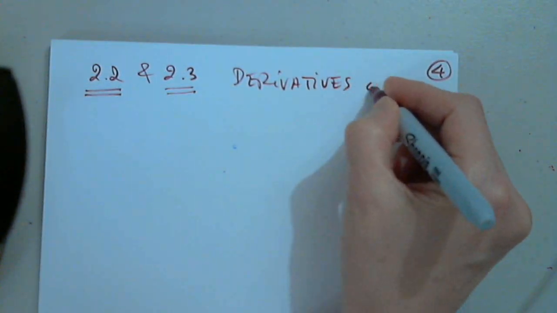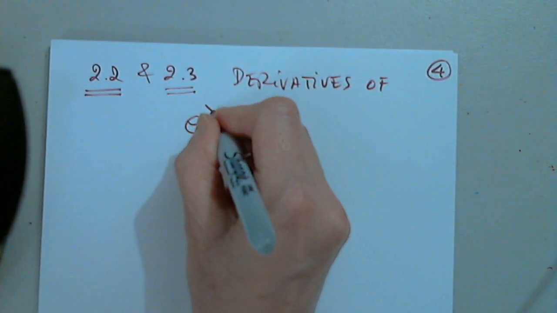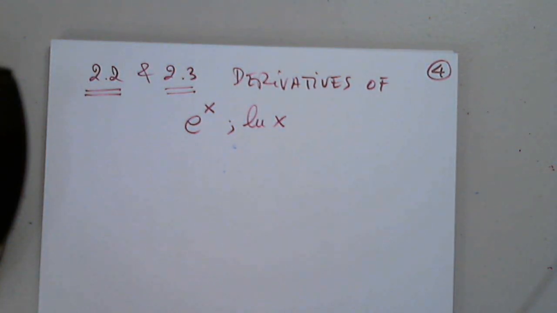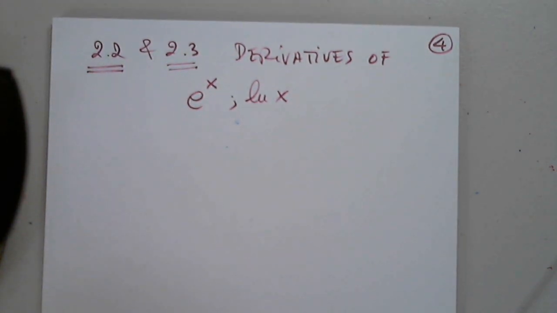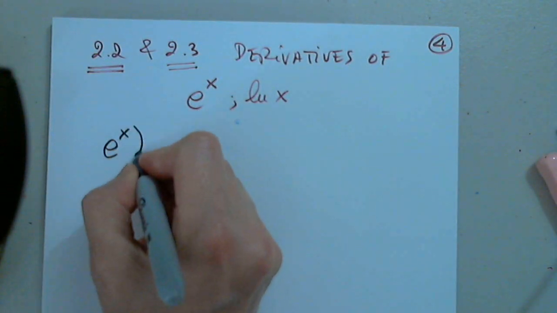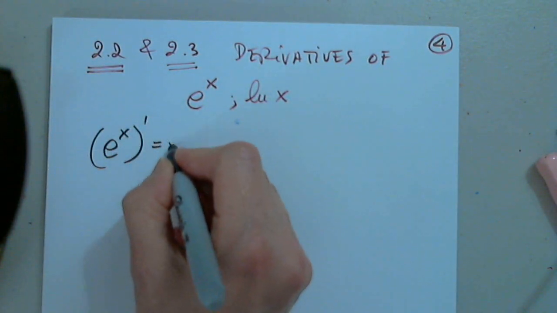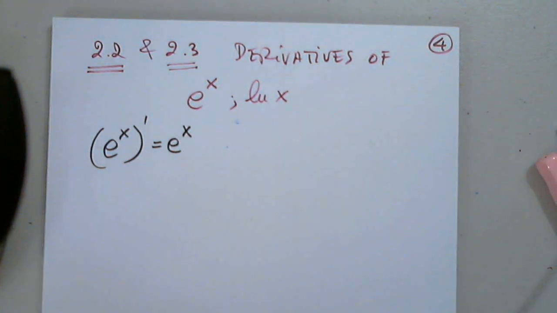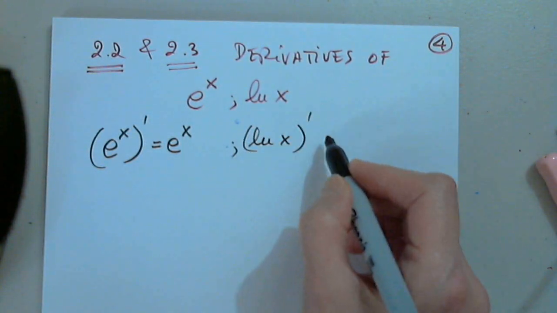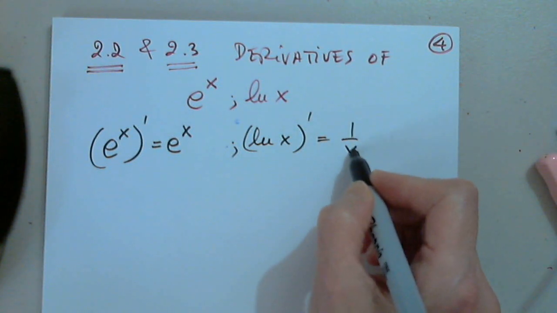Derivatives of e to the x and natural log x and some other more complicated exponential and log. Okay, so first of all, I wanted to give you very good news that e to the x prime is itself. And that's very good news. Very simple. Also, when we differentiate natural log, we get 1 over x.